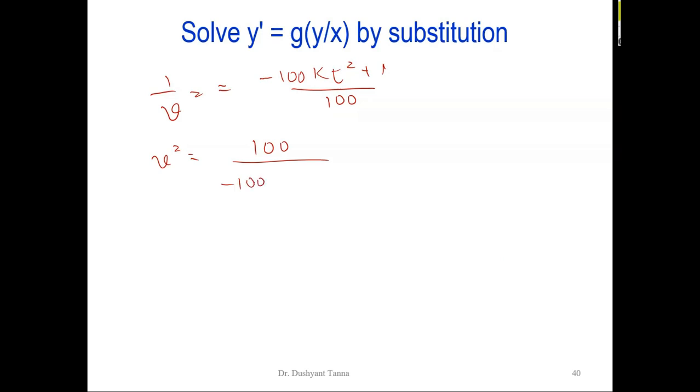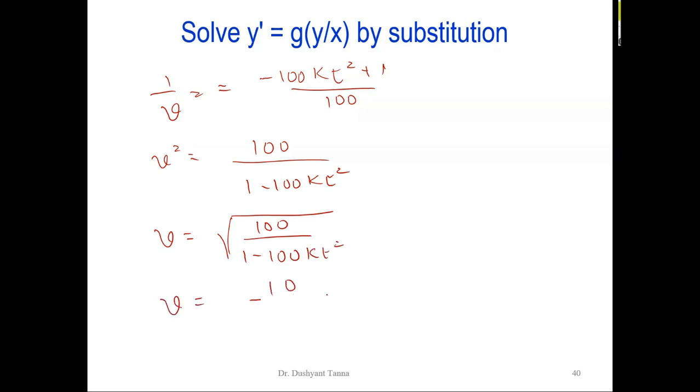Let's start with 1, easier to write: 1 minus 100 k t squared. And therefore v is equal to plus or minus, but it doesn't go negative in this instance, so don't worry about the minus. 100 over 1 minus 100 k t squared. And you can say 10 divided by root of 1 minus 100 k t squared.